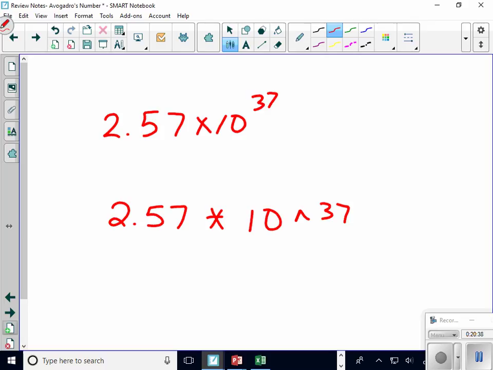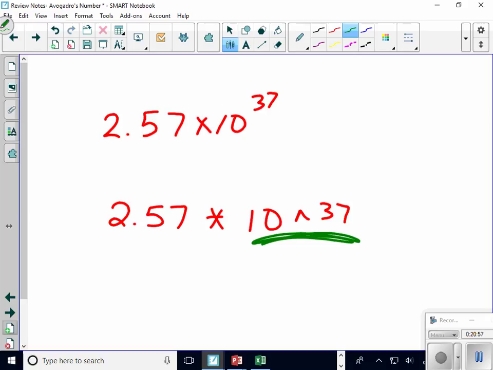The exponent. So the exponent's going to be first. Okay? And then it's going to multiply it by 2.57, which is okay right here. It works out perfectly fine, doesn't it?